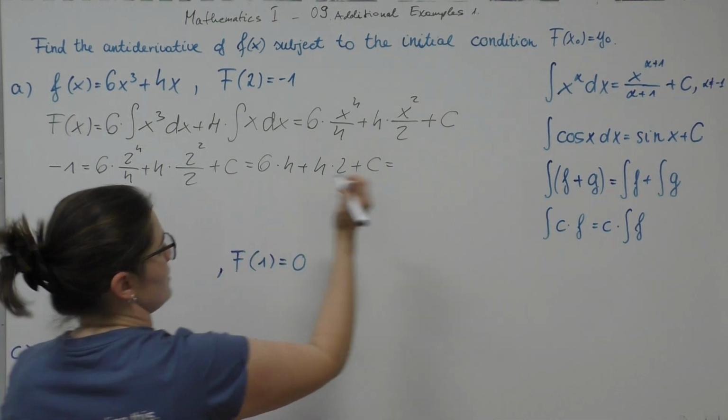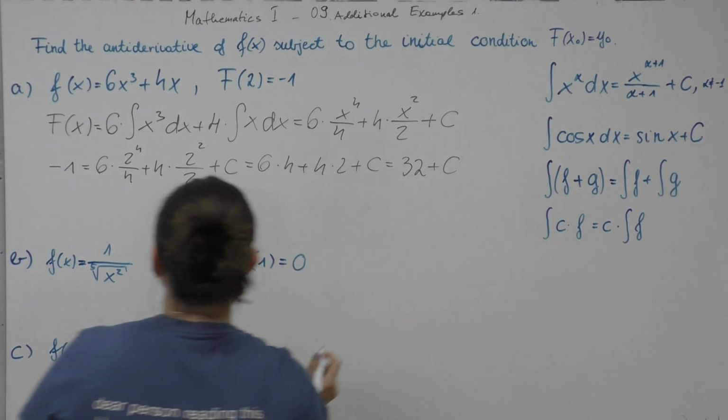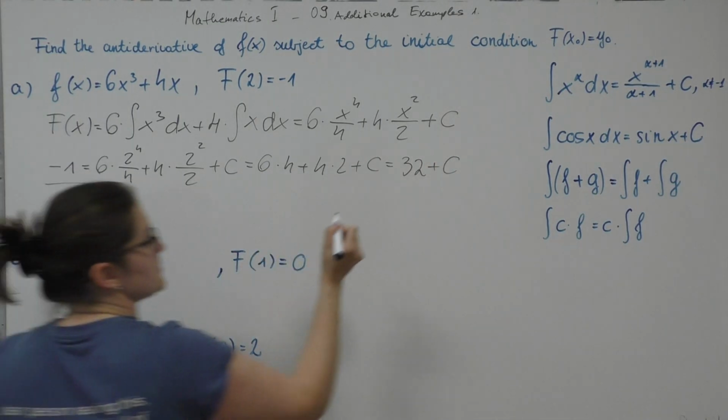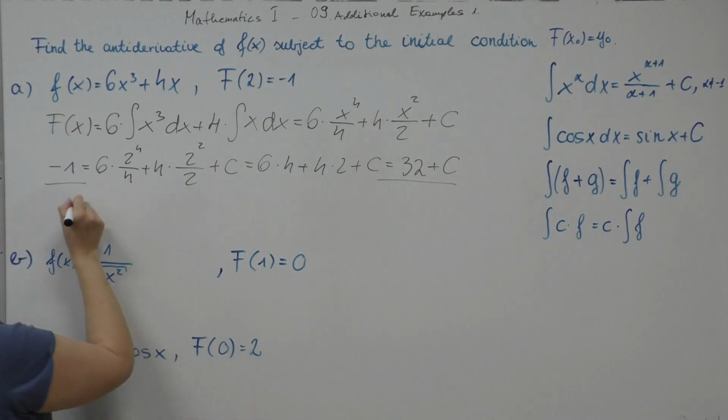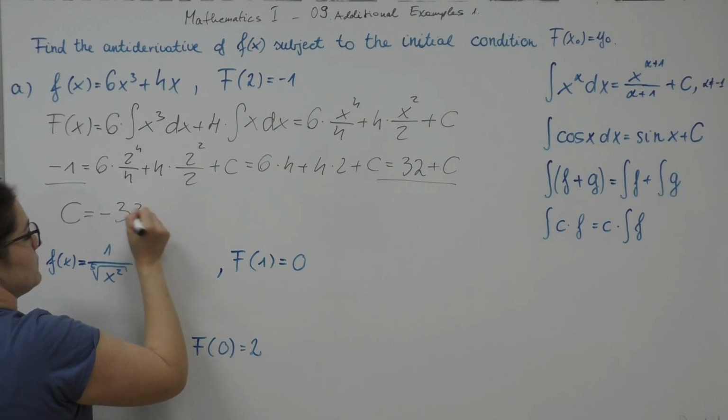So this is gonna be 32 plus c. And from these parts, it's clear that c is gonna be -33.